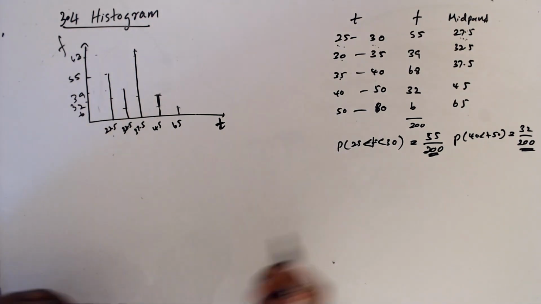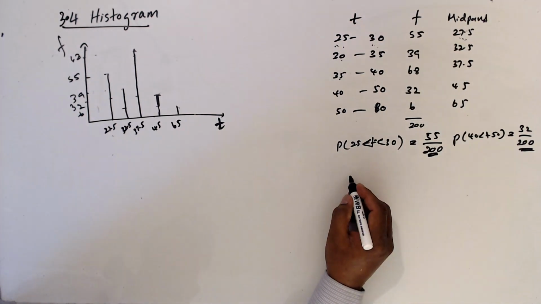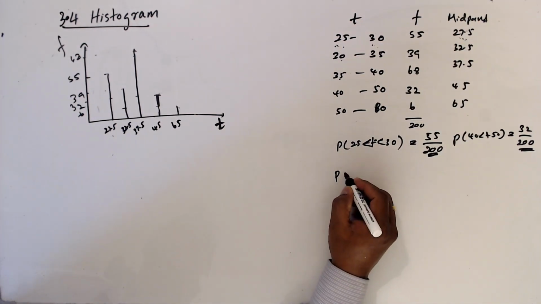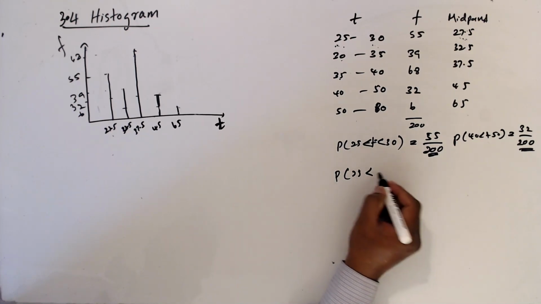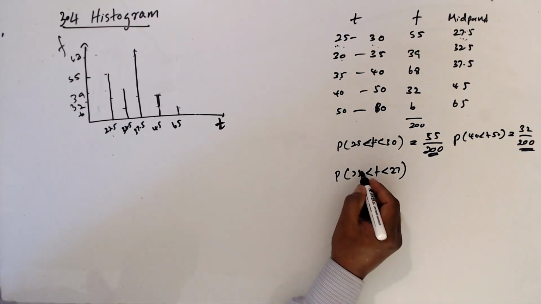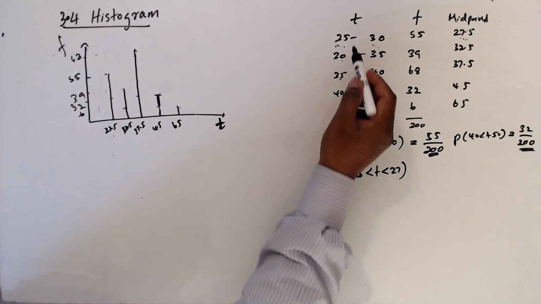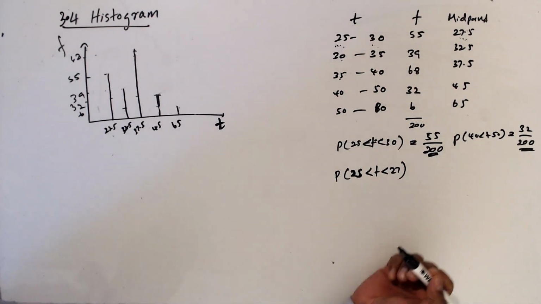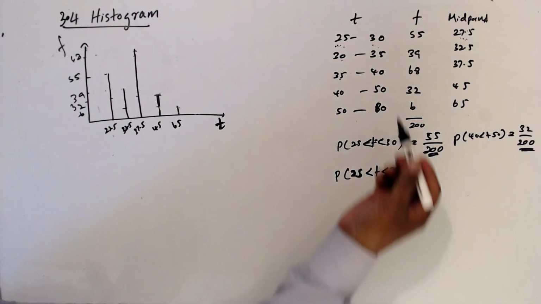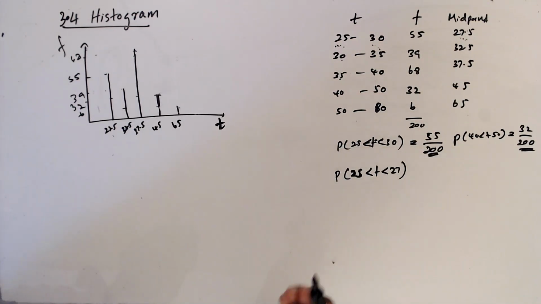Now, an extended question. 25 to 30 has 55. Assume that I want to find the probability of t between 25 and 27. Then how do we find it? You have this knowledge. I need to find the number of people from 25 to 27. It has to be less than the 55 for 25 to 30.